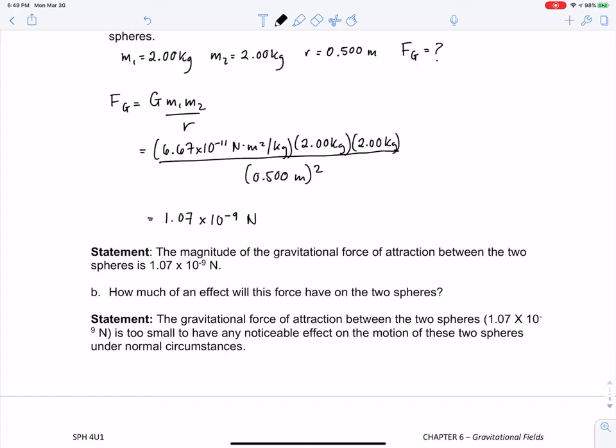If these two objects were still in space, eventually over time, this small force would cause these two objects to accelerate towards each other. But under normal circumstances, the force is way too small to have an effect.